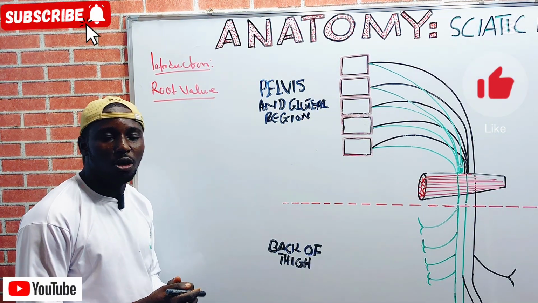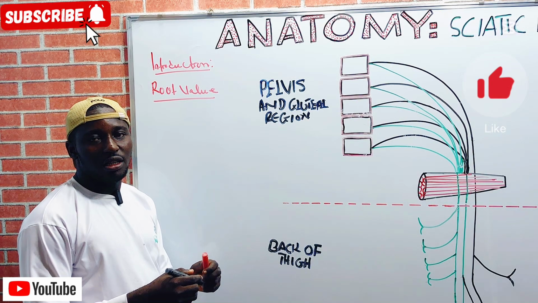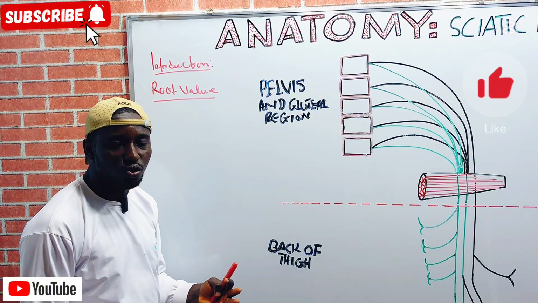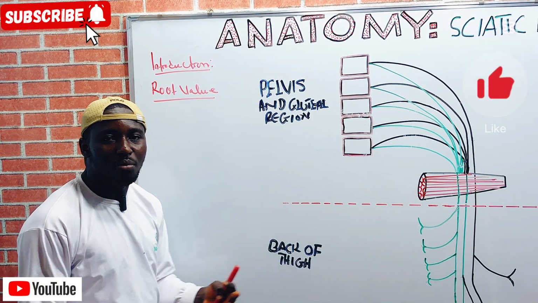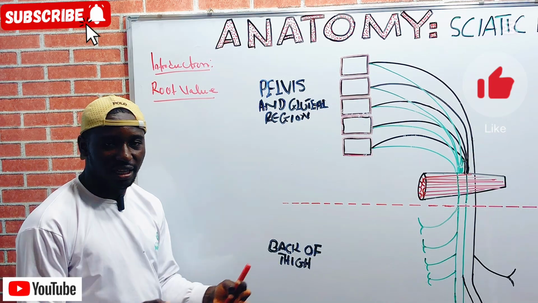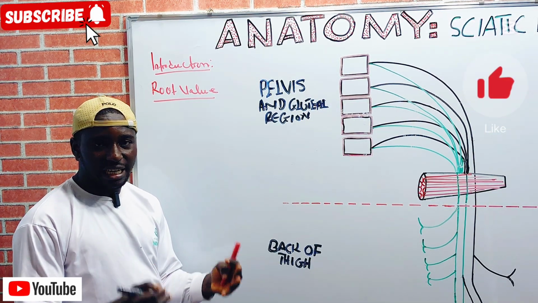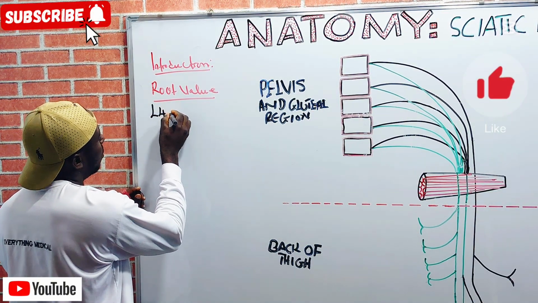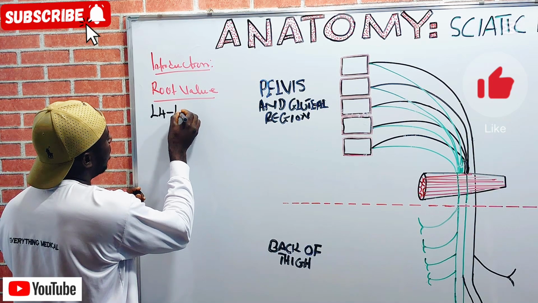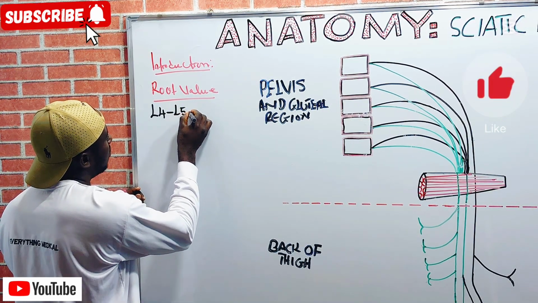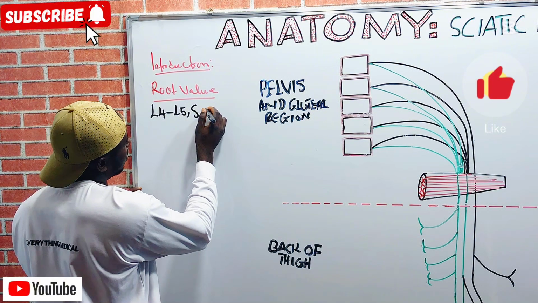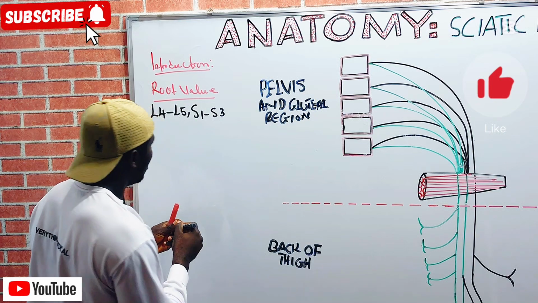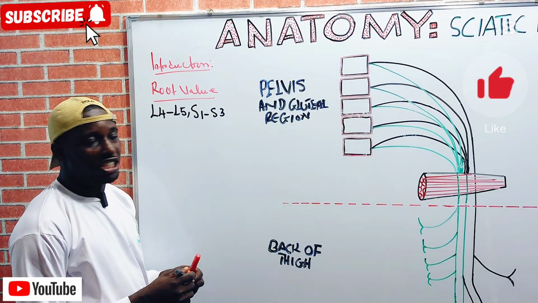The sciatic nerve is formed by the ventral rami of the lower two lumbar spinal nerves and the first three sacral spinal nerves, which include L4 to L5 and S1 to S3. So this is the root value of the sciatic nerve.